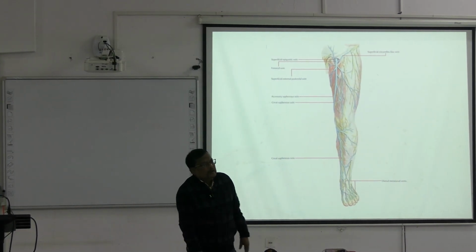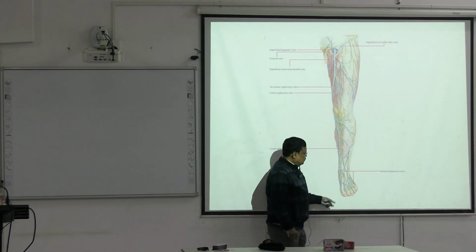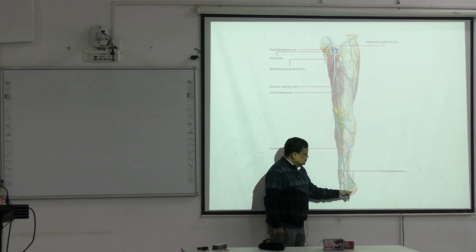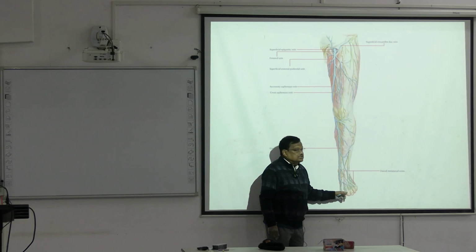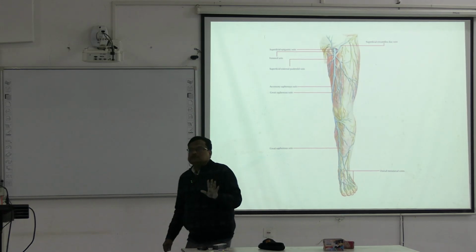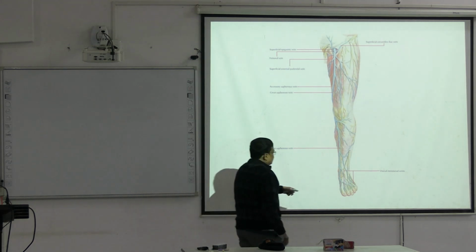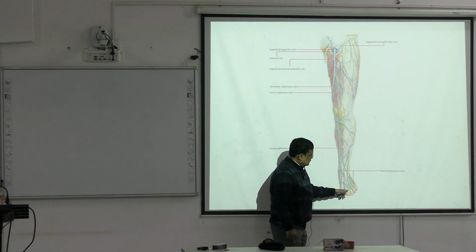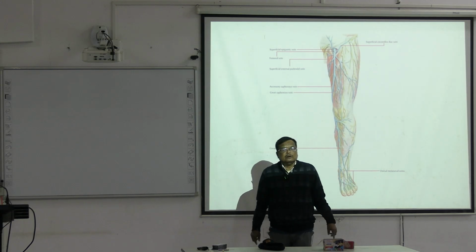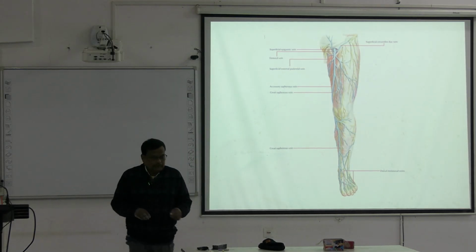Formation is in the dorsum of the foot. You know, there are 5 digits, the little toe and the others. From the digits, both from the lateral and medial side, the digital veins are formed.